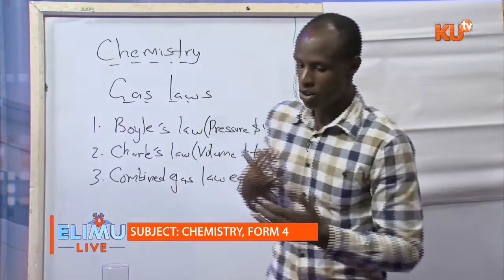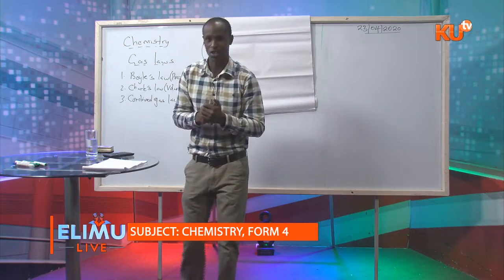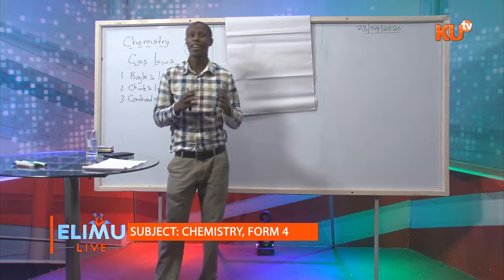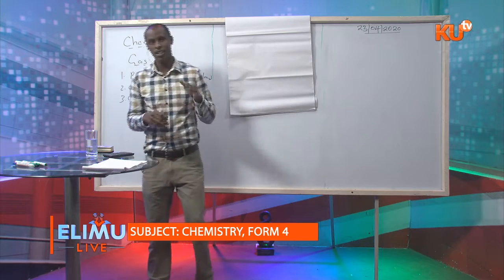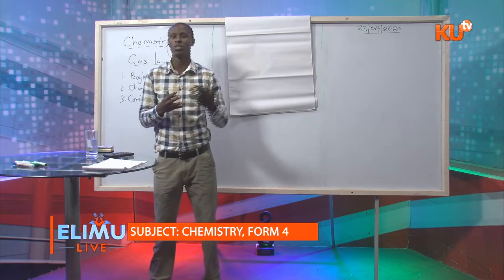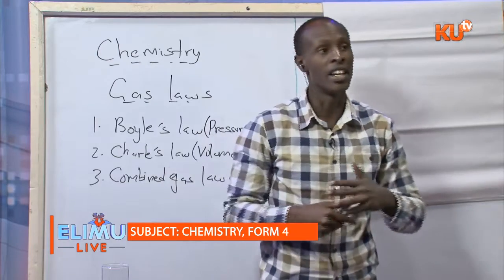For you to understand the laws well, there are two mathematical terms which you should understand: direct proportion and inverse proportion. Direct proportion means when one quantity increases, the other quantity also increases.